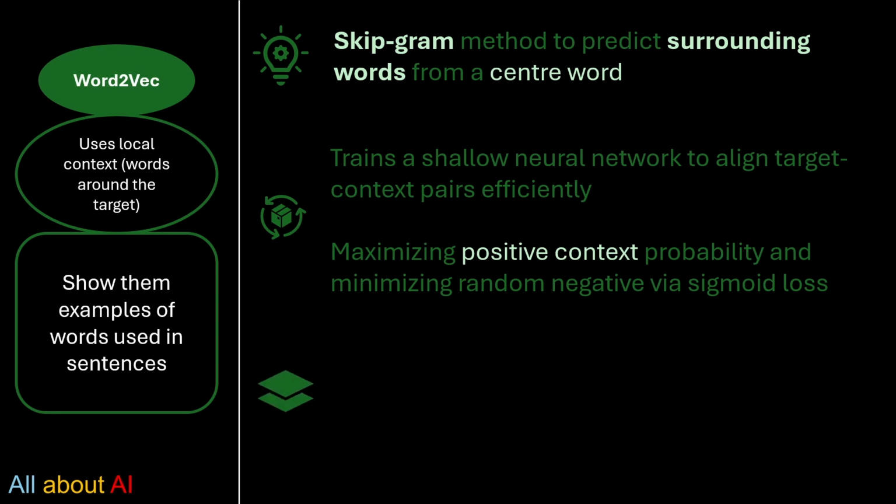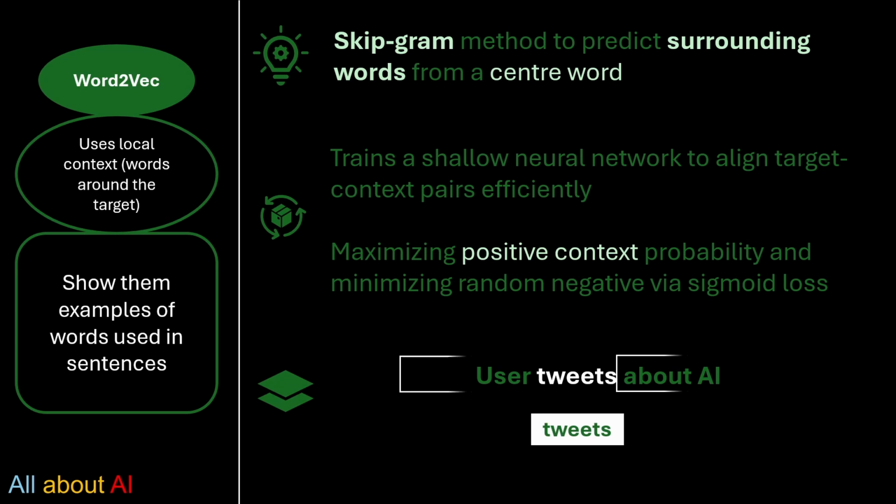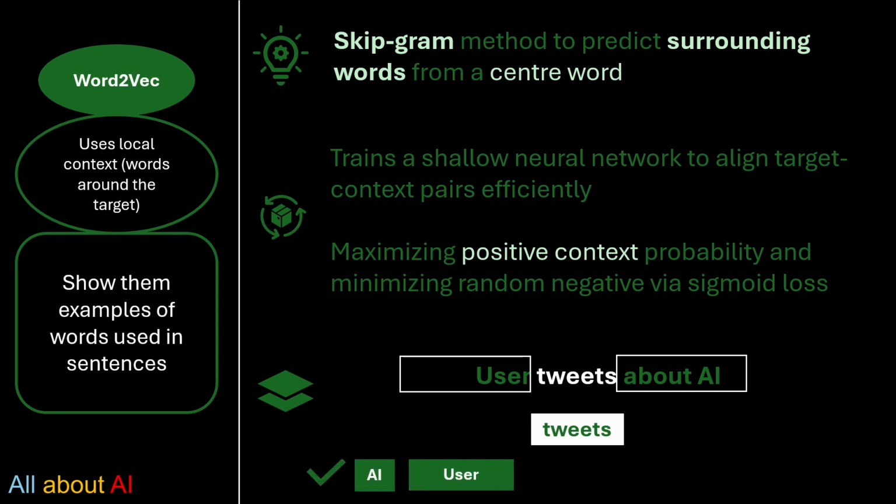So suppose you have a sentence, user tweets about AI. Here, if we use a sliding window around tweets, there is user and about AI. So in this case, we will be training on this central word, tweets, and predicting its context.